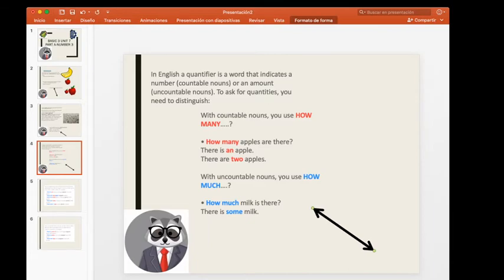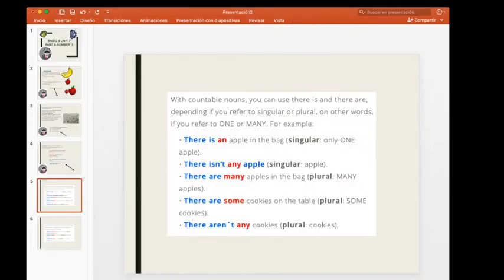So here we have some quantities. With countable nouns, you can use there is and there are, depending on whether you refer to singular or plural. In other words, if you refer to one or many.